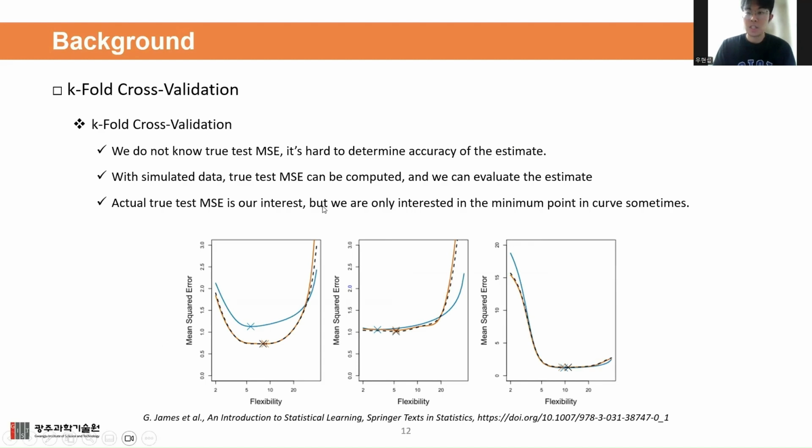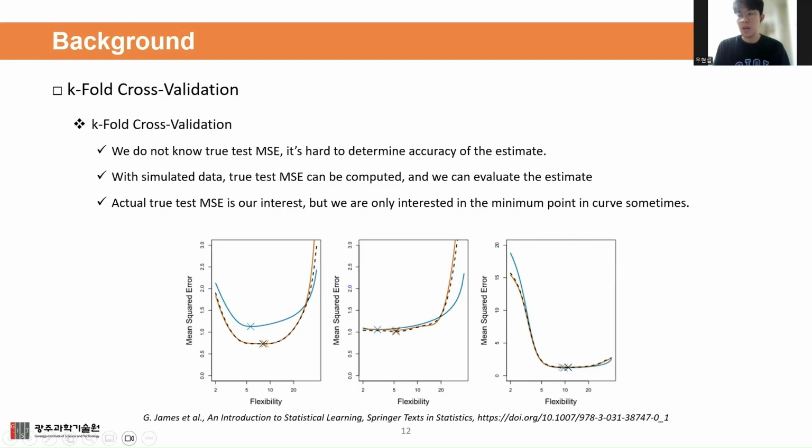But in the textbook, they say that with simulated data, they can derive the true test MSE, and then we can evaluate the estimate. Most of the time, the actual true test MSE is our interest. So that's why we're using the cross-validation method to estimate the test MSE.